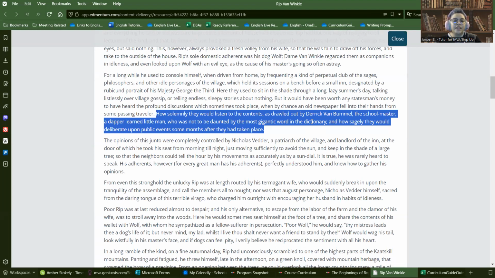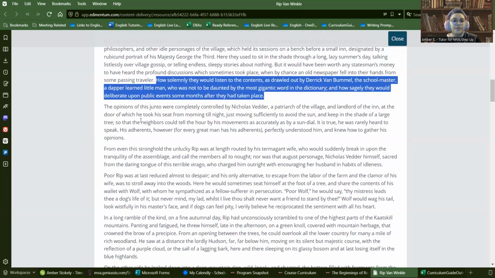Daunted means intimidated by the most gigantic word in the dictionary. So they're telling you how smart he is because there's not a single word that he would be intimidated by. We see sage again, that means wise, and how sagely they would deliberate. Deliberate means to discuss deeply, and consider public events. So they just talk about things that happen all the time while they're there. And this is one of the guys who's at the head of the discussion.